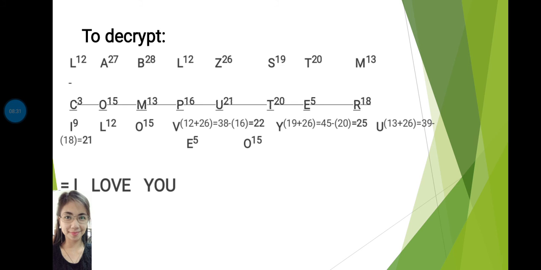But we have no negative positional number in the English alphabet. So we have to add 12 by 26, since 26 is the number of alphabet letters. So 12 plus 26 is 38, subtracted by 16, is the positional number of P. So 38 minus 16, that becomes 22, so on and so forth, until we obtained the words I love you.